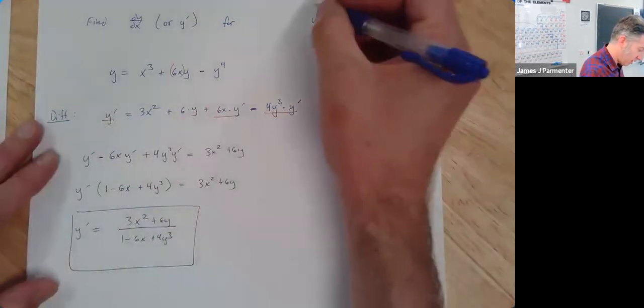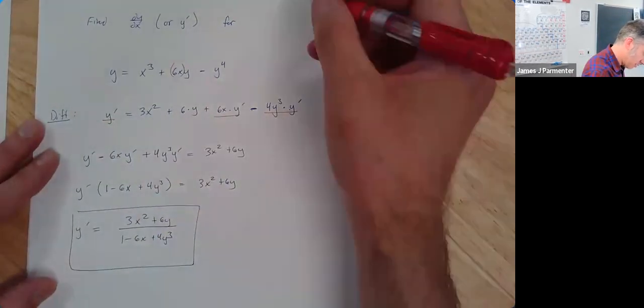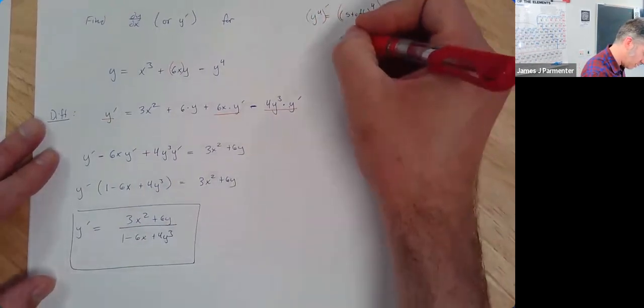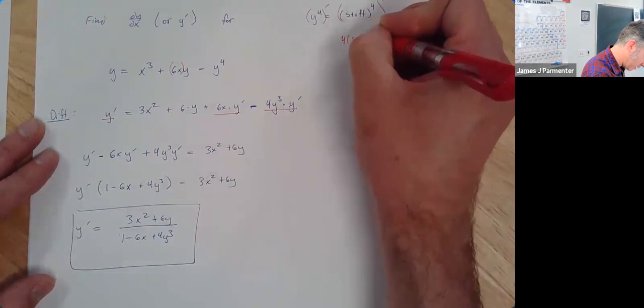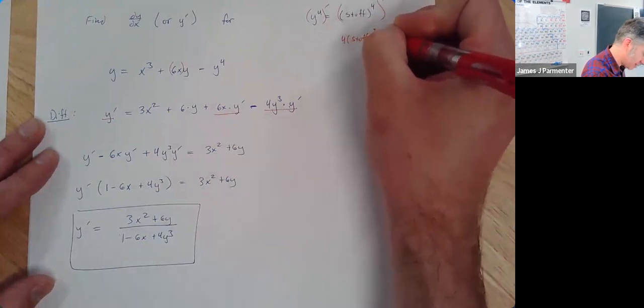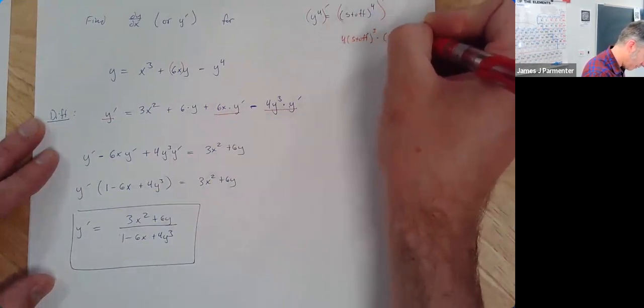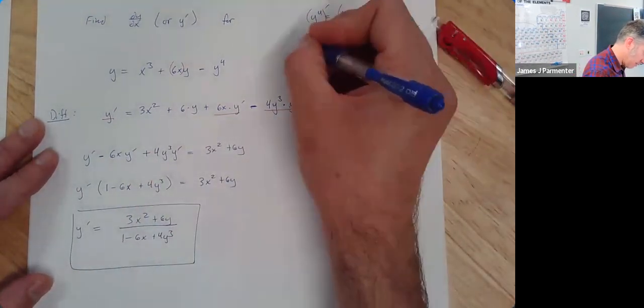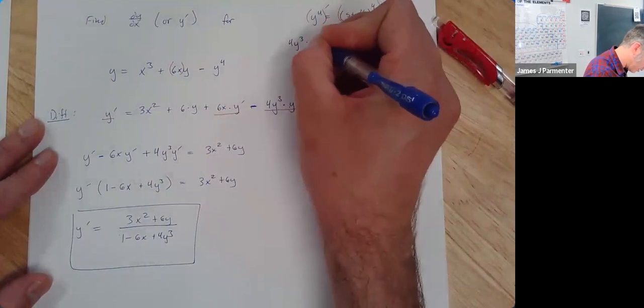And so if I take the derivative of that, the derivative of some stuff to the 4th is chain rule times 4 times my stuff to the 3rd power times the derivative of my stuff. Or writing it a simpler way, it's going to be 4 times y to the 3rd times the derivative of y.